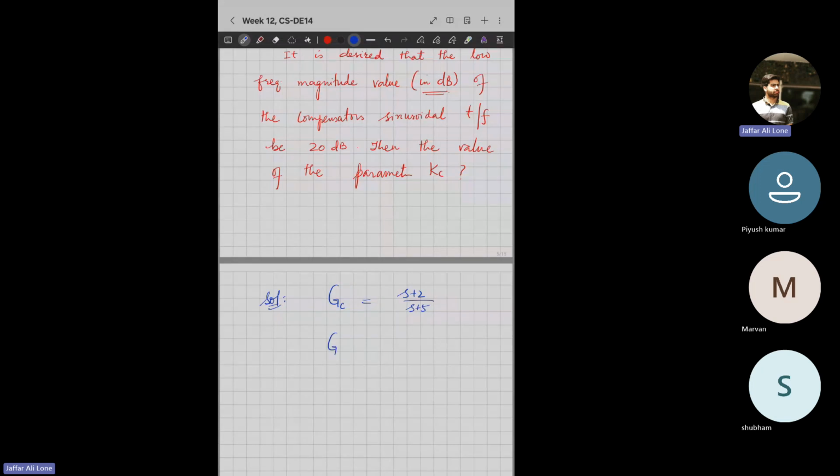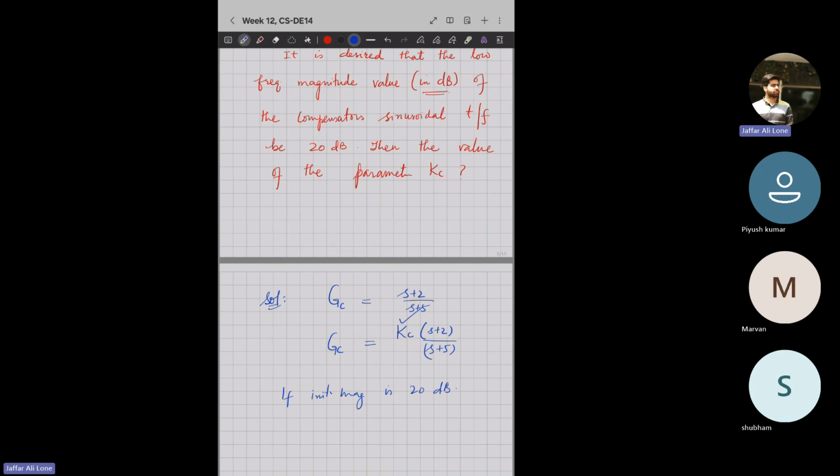The question is saying there is some gain as well, which is Kc into s plus 2 divided by s plus 5. Find this Kc if the initial magnitude is 20 dB.